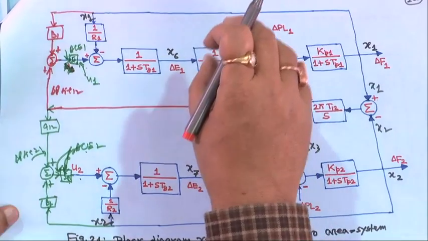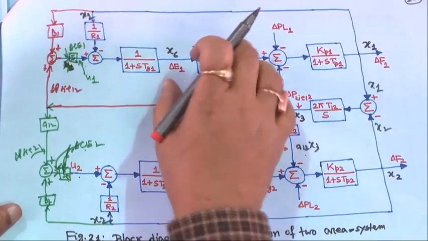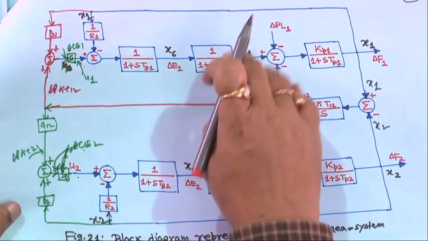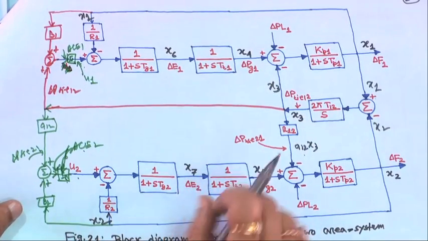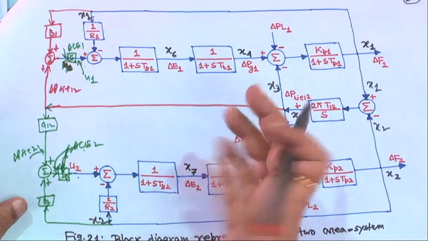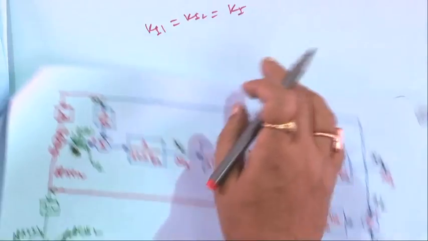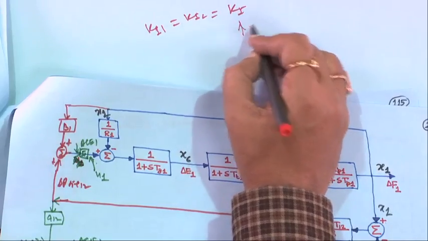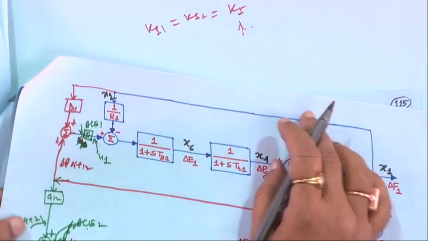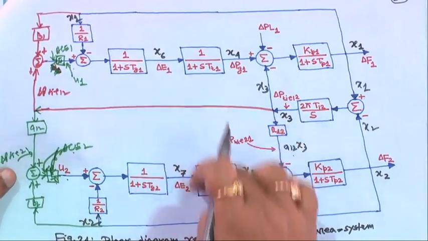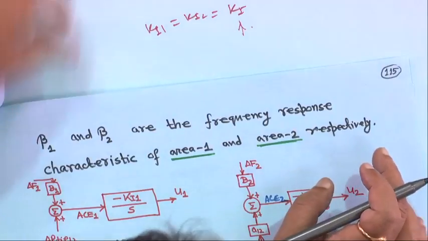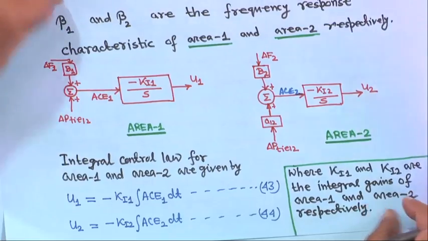But if, for example, this is a non-reheat type turbine and here it is a reheat type turbine, then Ki1 and Ki2 will be different, even if the ratings of both areas are the same, because the units are different. Whenever you consider Ki1 equal to Ki2 equal to Ki, that means an equal area system with identical units in both areas.